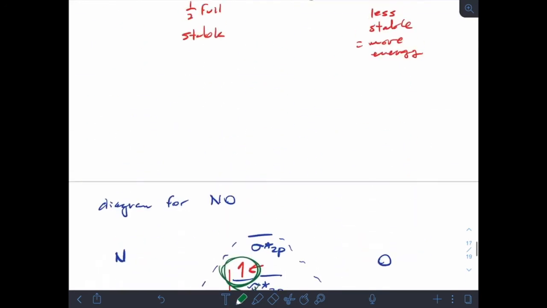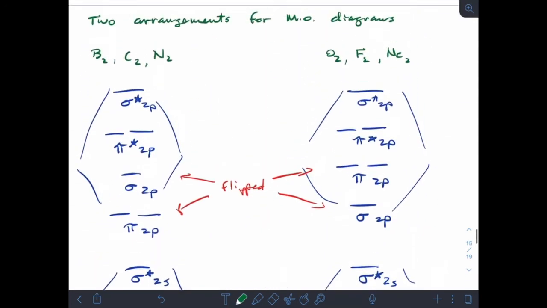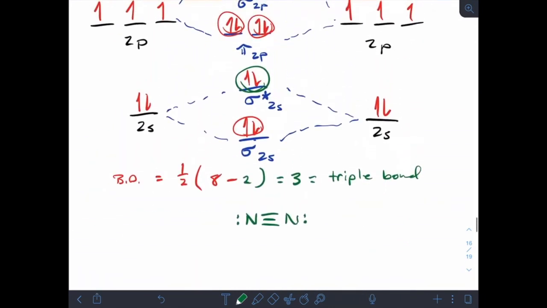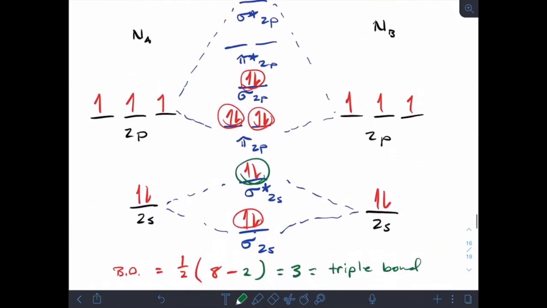Right? So let's come back up and take a look at one of our other MO diagrams and see if we can decide paramagnetic or diamagnetic. So let's look at dinitrogen. Right? Do we have any unpaired electrons? All of these electrons are paired up. So the answer would be that dinitrogen is diamagnetic.